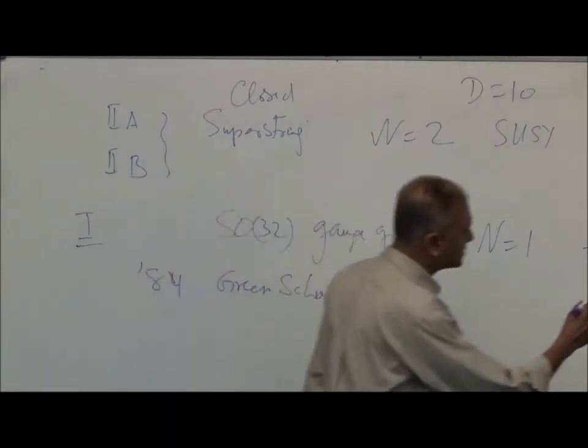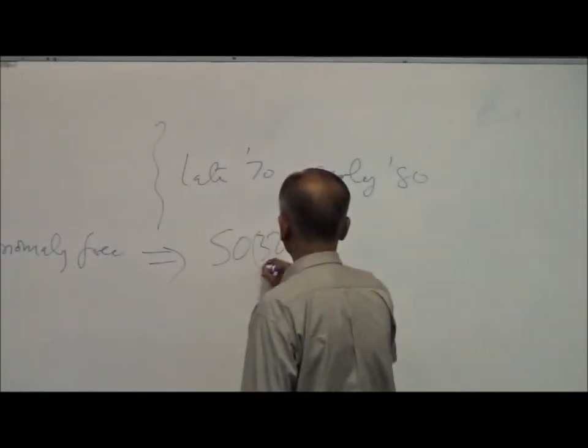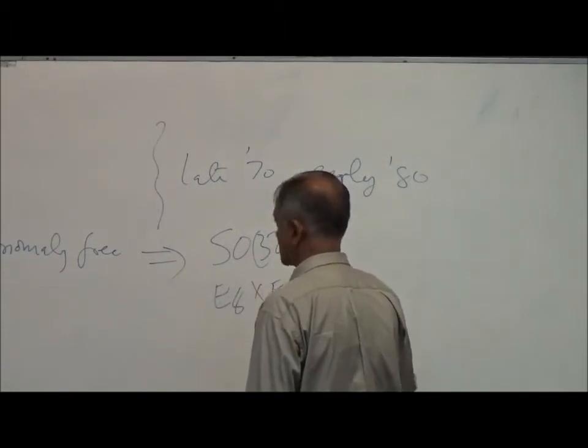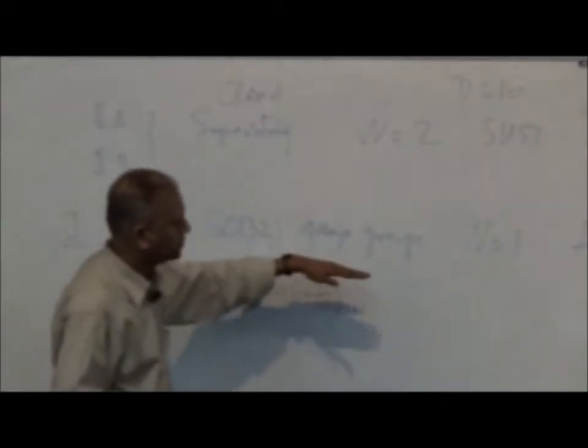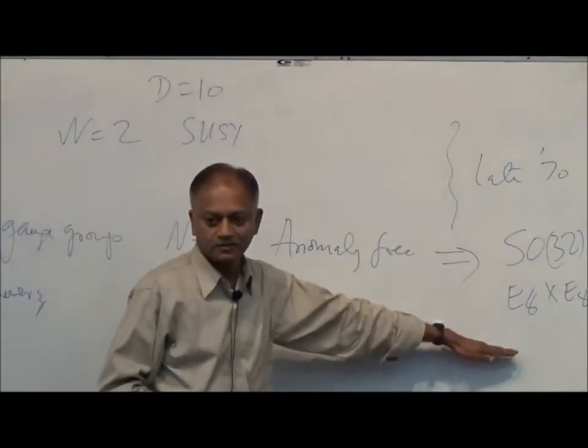The anomaly cancellation implies two possible gauge groups, SO(32) or E8 cross E8. There were two possible solutions of anomaly cancellation. On the other hand, string theory could only realize one of them, at least at that time. Until 84, the only string theory that we knew which was anomaly-free was SO(32), not E8 cross E8.